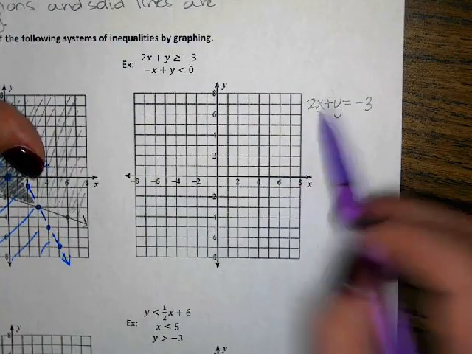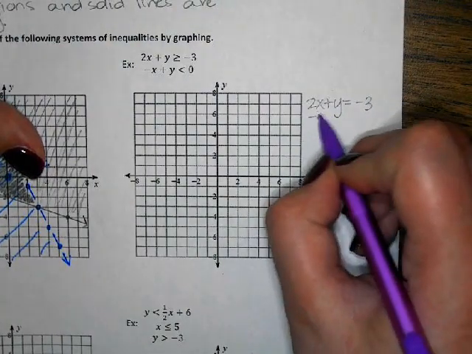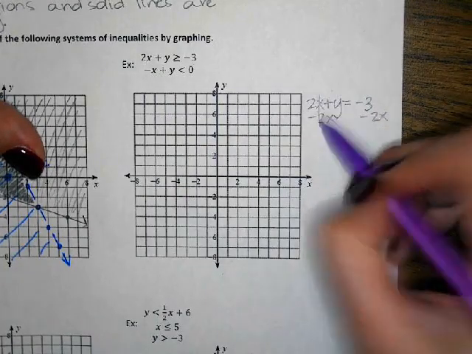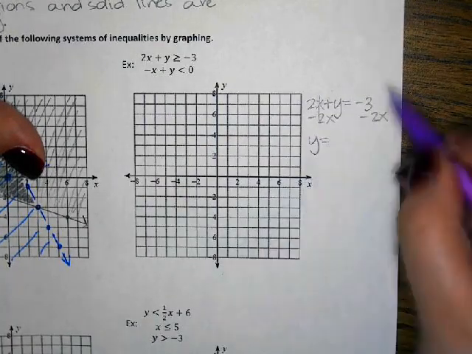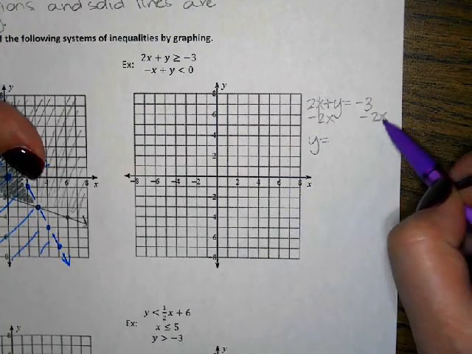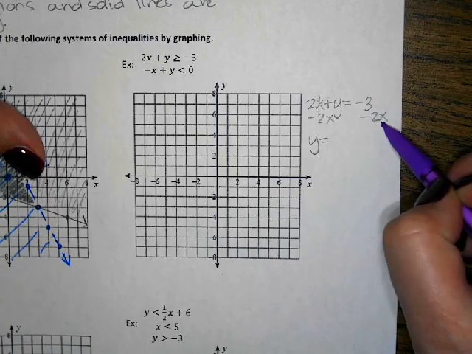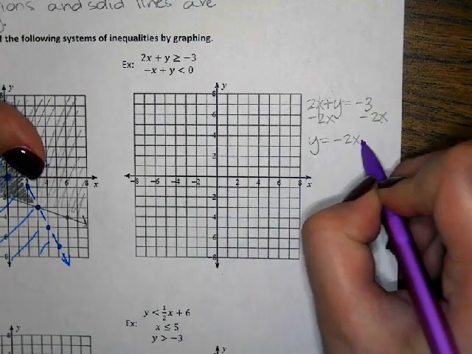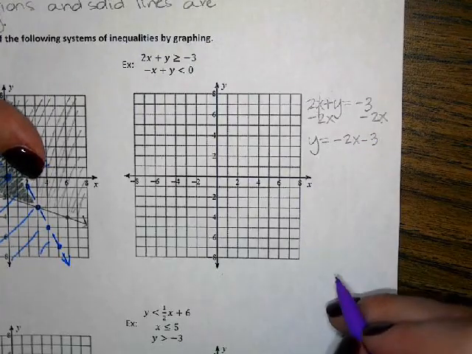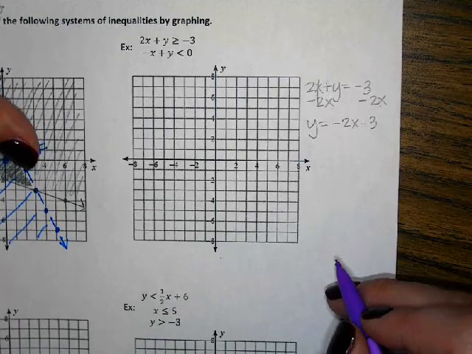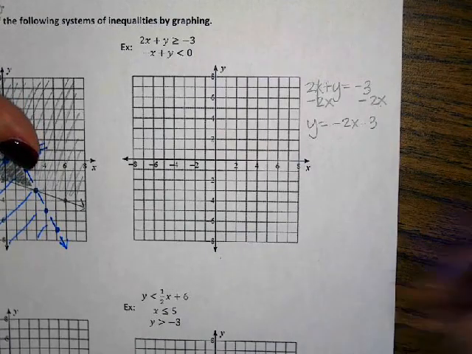Subtract the 2x over to the other side. Y equals, we write the x first. So y equals -2x and then the -3. Okay, so where do we start?